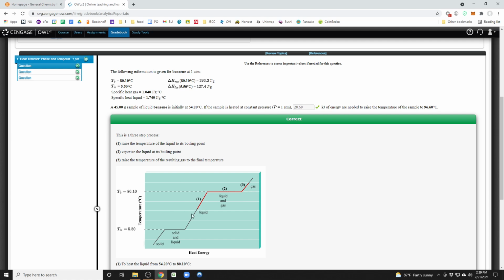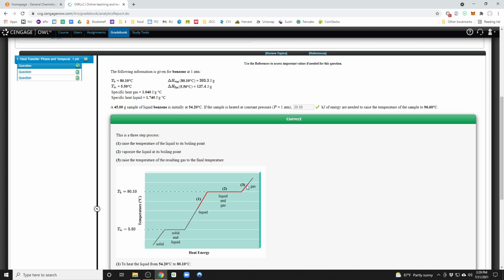It's going to be a liquid, and you're going to have to heat it up first, then you'll boil it, and then at 96.6 is where you end. And so 96.6 is above the boiling point. That means you boil all the liquid off, and then you're going to heat that gas a little bit, like 16 degrees.